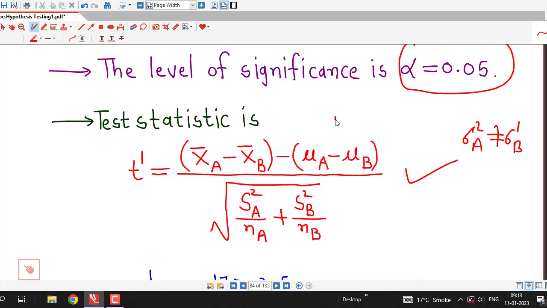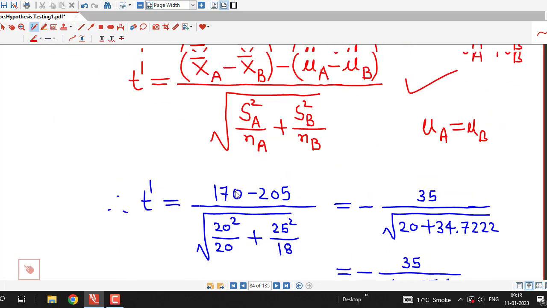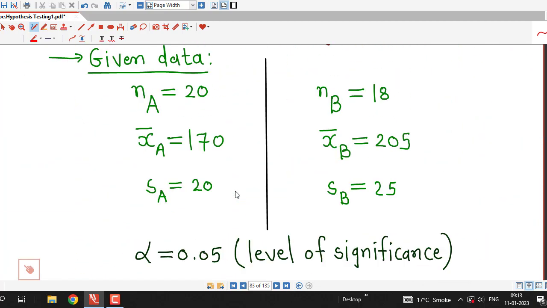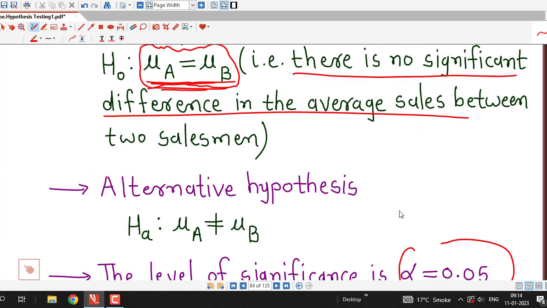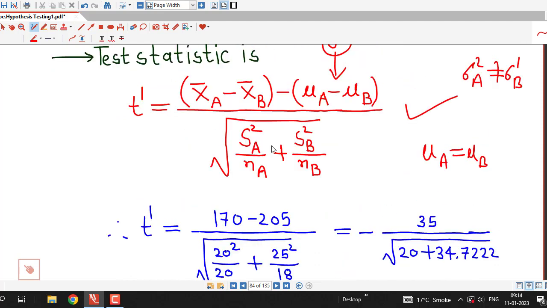And we assume that the null hypothesis is true, that is we have mu A and mu B equal, therefore this quantity is 0, and we substitute values of all these quantities from the given information. We are putting all these values: NA 20, NB 18, sample means 170 and 205, and standard deviations 20 and 25. We substitute all those values in this formula.